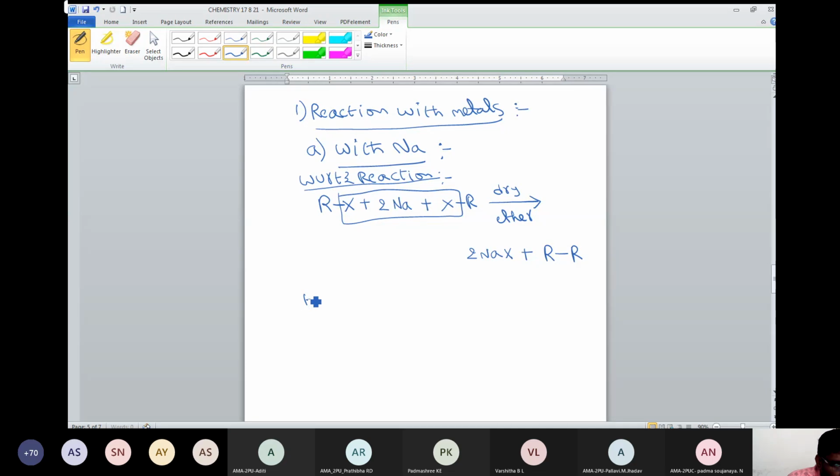Statement I am writing: haloalkanes combine with sodium in presence of dry ether to produce alkanes.